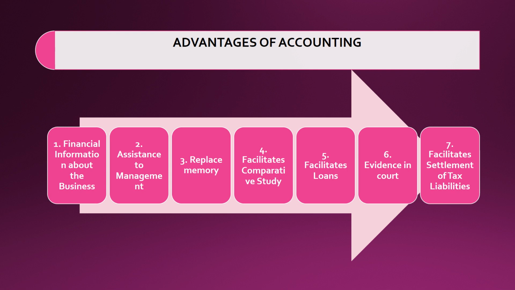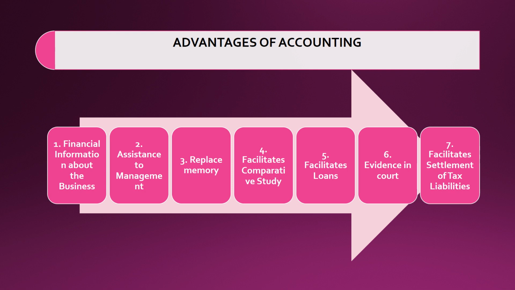Now, the second one is assistance to the manager. The accounting information, which is prepared in such an authentic and reliable way, becomes a helpful tool for the management to take a number of decisions in the future, and those decisions are related to the cost and the expenditure. It is the effort of every management or group of managers to minimize and reduce the cost, that is, to reduce the expenditures.